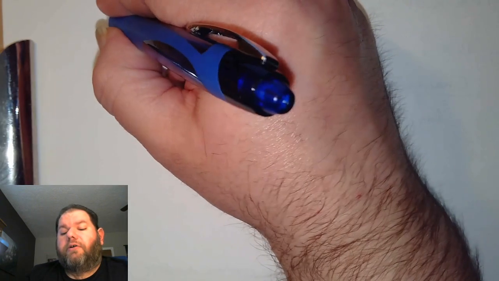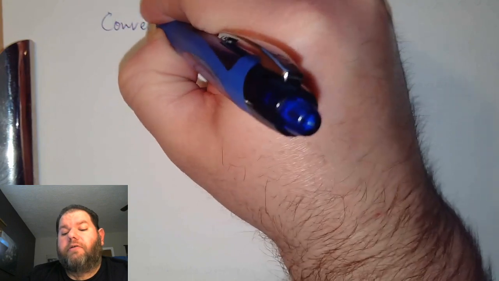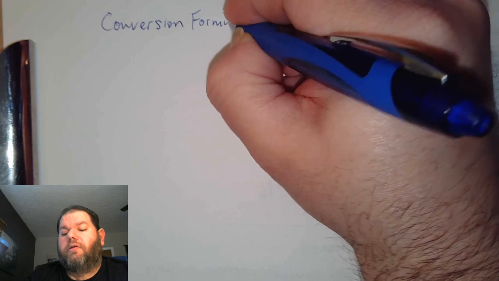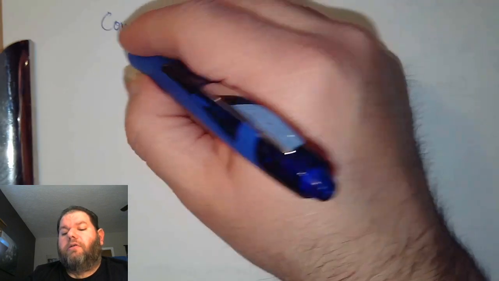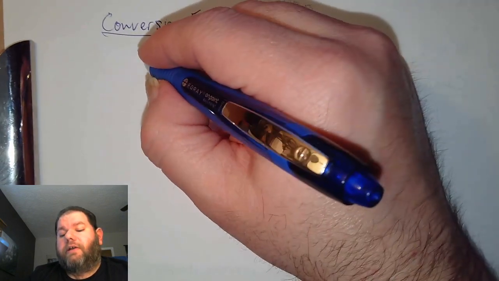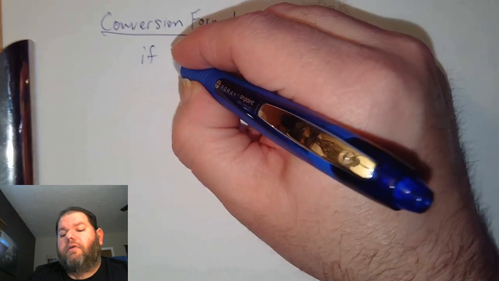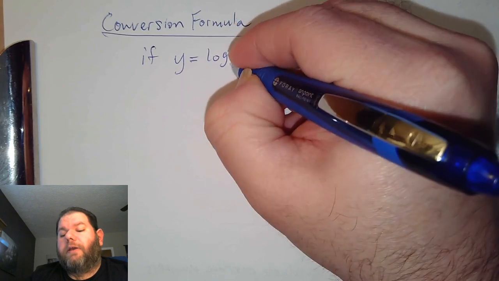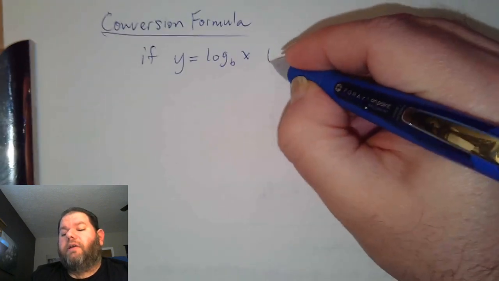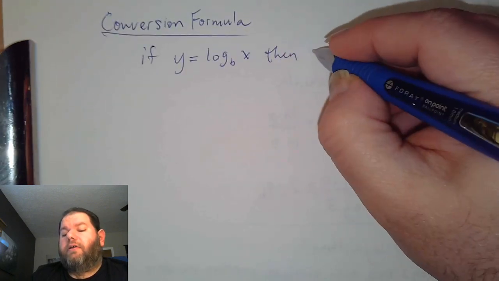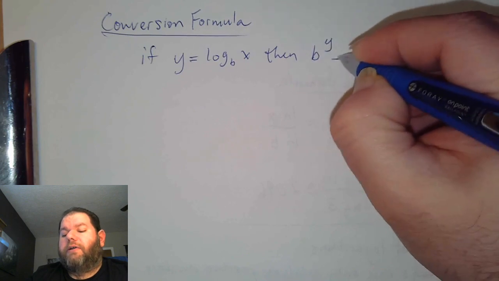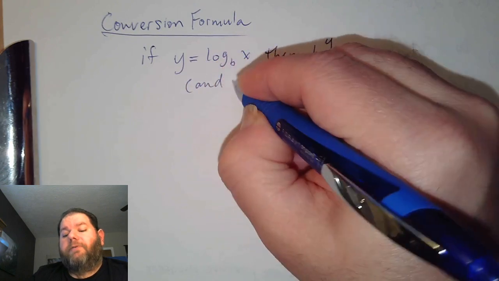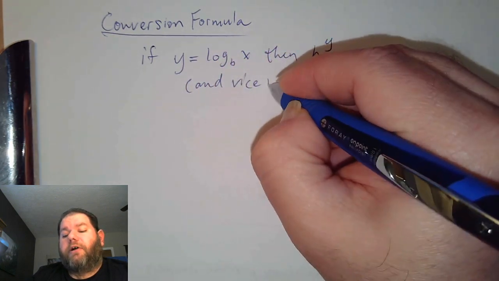We have what's called our conversion formula, which says that if y equals log base b of x, then b to the y is equal to x. And the opposite is true also. It could go either direction.